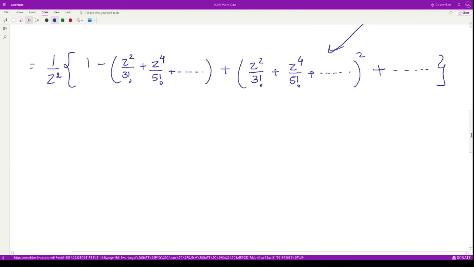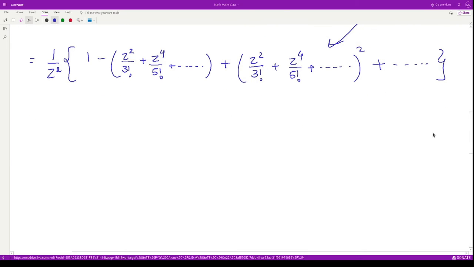So let us now collect the similar terms. So it would be 1 by z square as such if we multiply this term inside. So here, can you see this term over here? What are the terms of z square available with us?